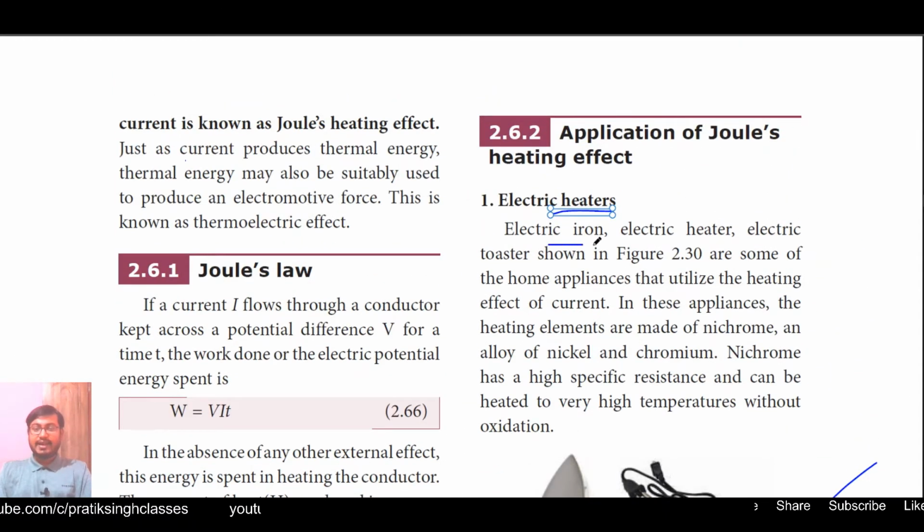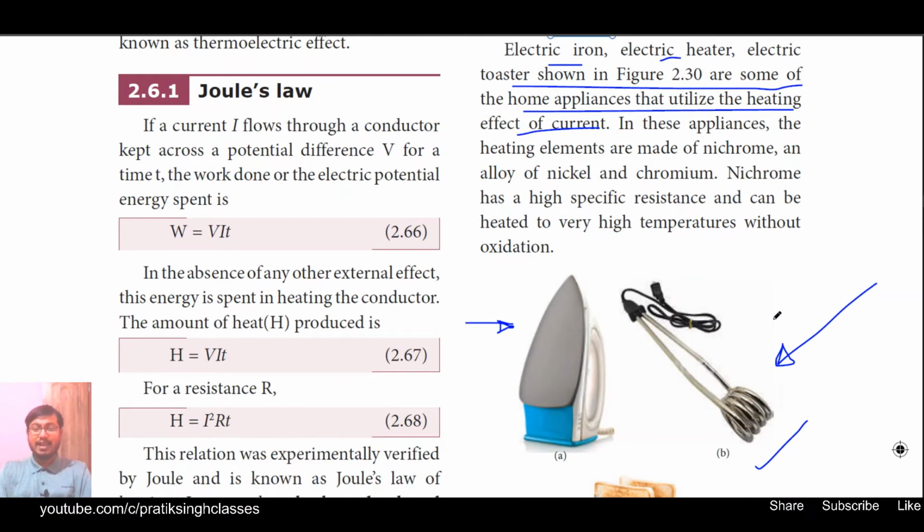Fine. Electric iron, electric heater, electric toaster shown in figure 2.30 are some of the home appliances that utilize the heating effect of current. That means when current passes through these types of appliances, it becomes hot. Okay. In these appliances, the heating elements are made of nichrome, an alloy of nickel and chromium. Okay, why is nichrome taken here? Because nichrome has very high resistance and it becomes hot very soon.